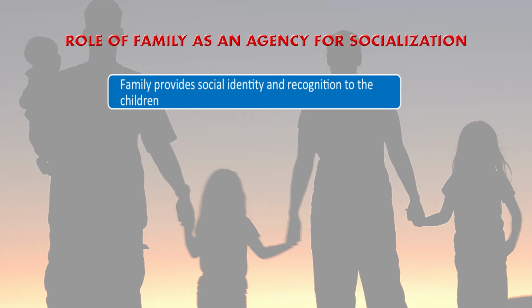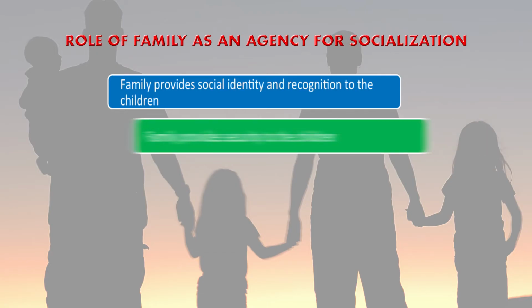So try to realize who gives you a type of identity, that you have an identity to live in the society. Who has given you the recognition? You will find that this is your family. A newborn child automatically becomes a member of the family, and automatically becomes a member of the immediate community or the society.